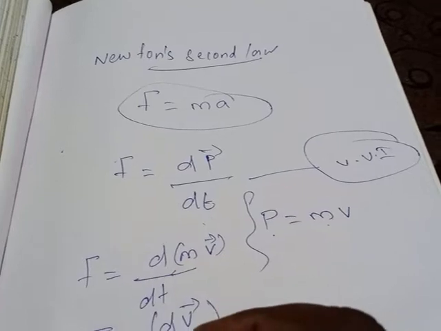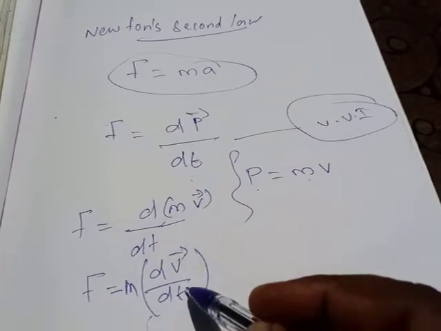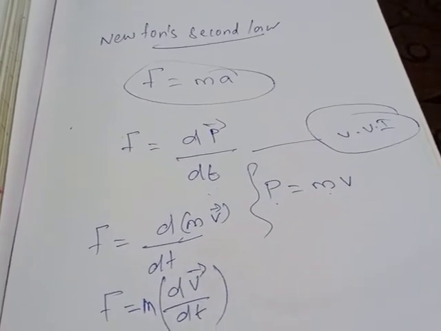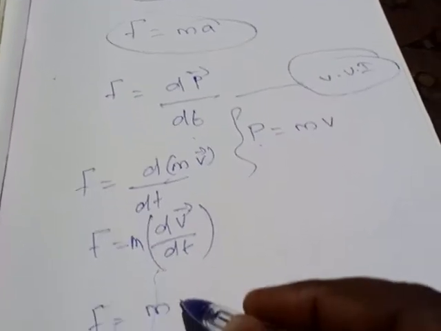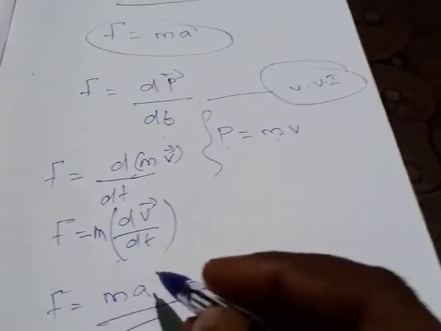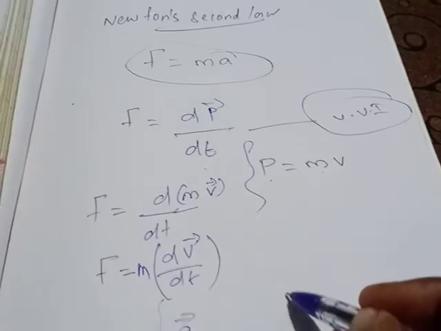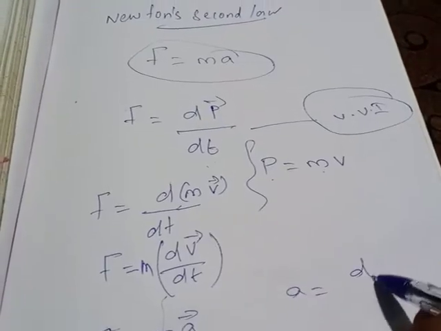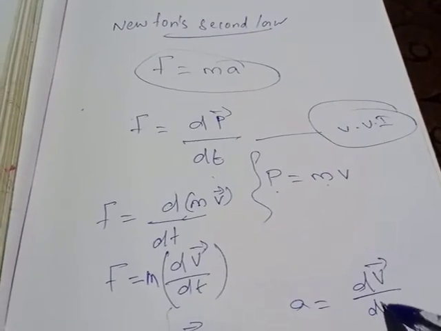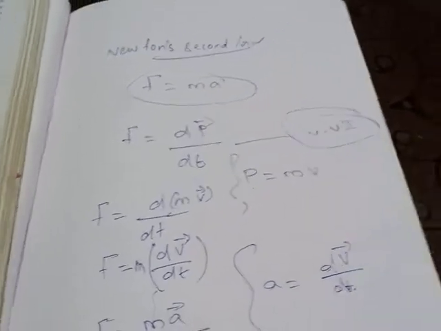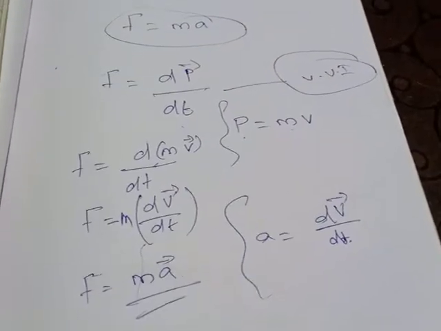The m you can take outside. We know dv by dt means acceleration, so F is equal to m into a. What is this a? Acceleration. Acceleration is equal to dv by dt, change in velocity by time. This is Newton's second law.